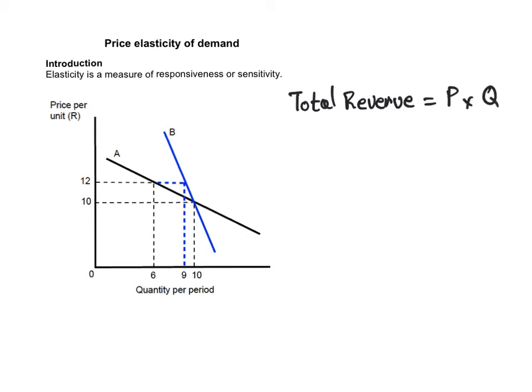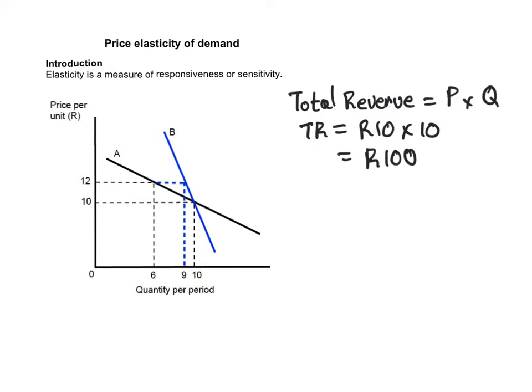Total revenue is price times quantity. So in both cases, TR is equal to 10 Rand times 10 units, which is 100 Rand.